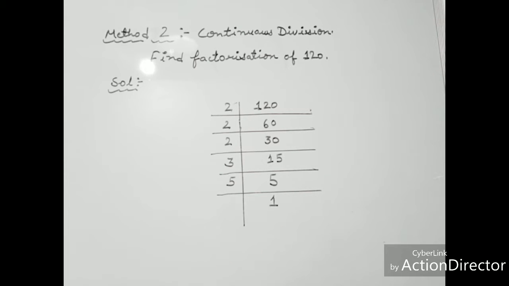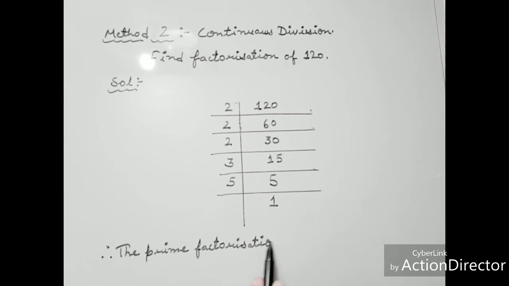So the prime factorization of 120 is 2 multiply by 2 multiply by 2 multiply by 3 and multiply by 5. So this is the prime factorization of 120.